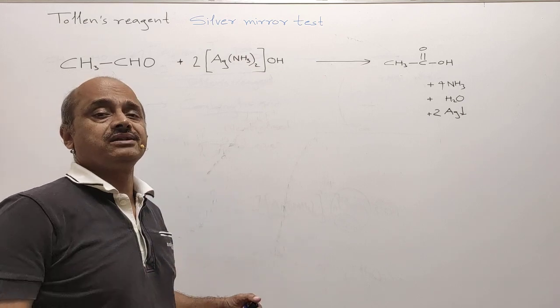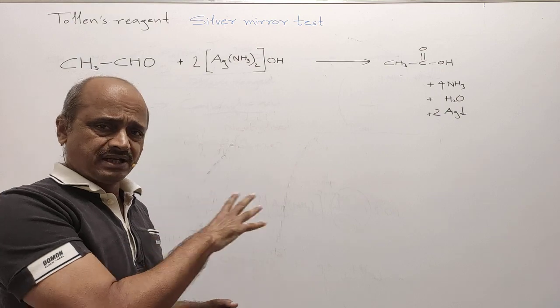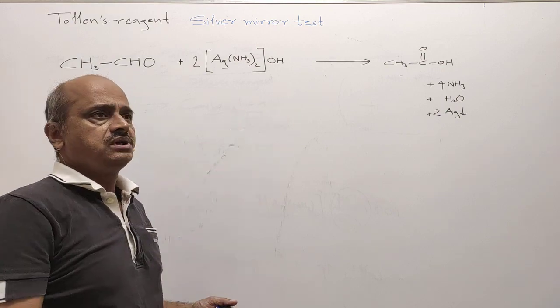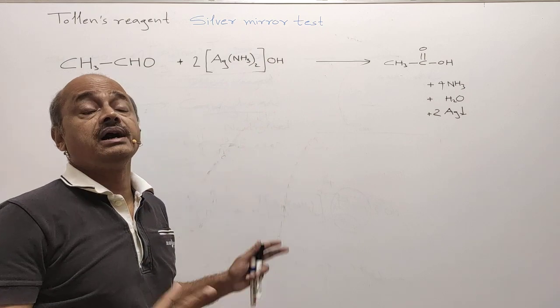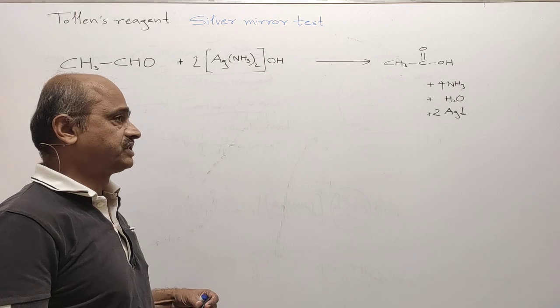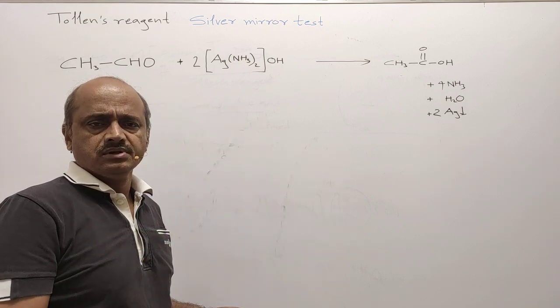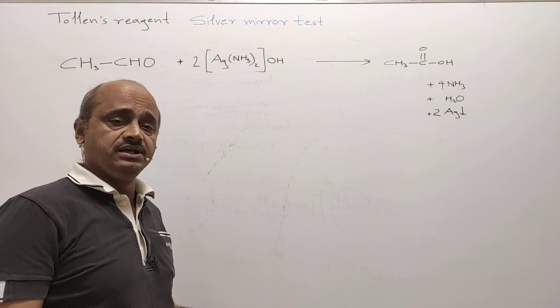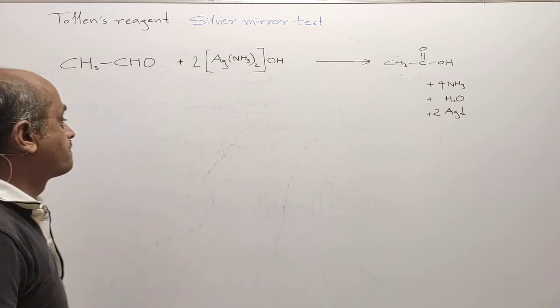If we go through that, if we apply our mind on the fundamentals, then it will not become necessary for us to learn it by heart. That is not the way to learn chemistry. And even in our multiple choice question type exams, JEE, NEET, this helps.